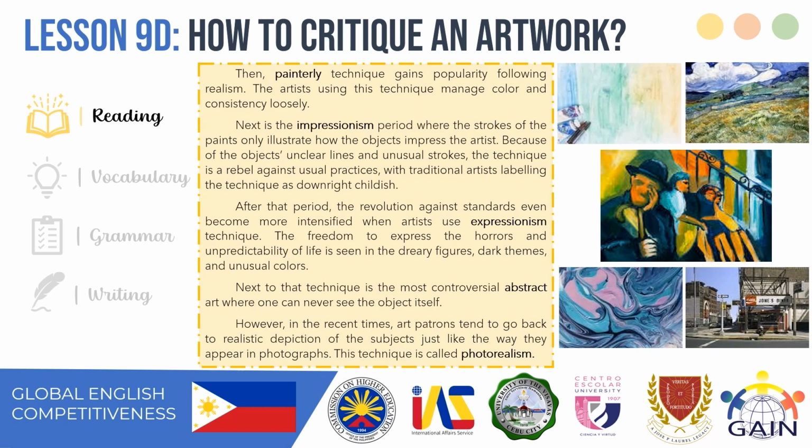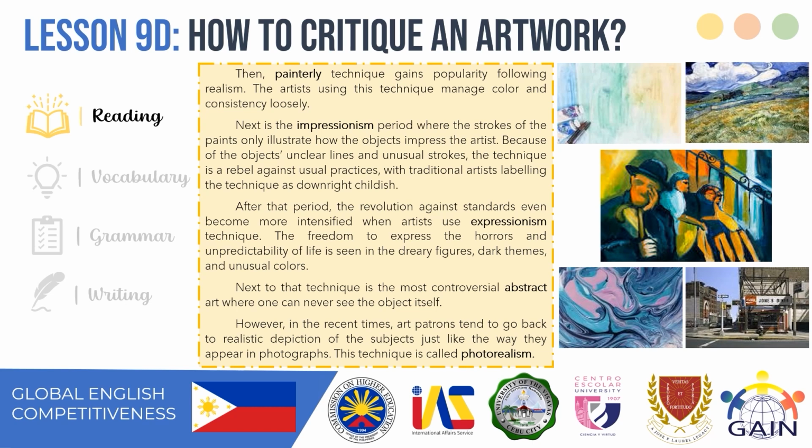After that period, the revolution against standards became even more intensified when artists used the expressionism technique. The freedom to express the horrors and unpredictability of life is seen in the dreary figures, dark themes, and unusual colors. Next to that technique is the most controversial, abstract art, where one can never see the object itself.